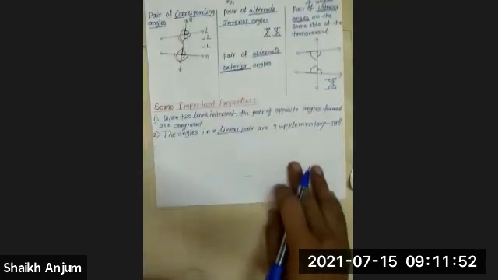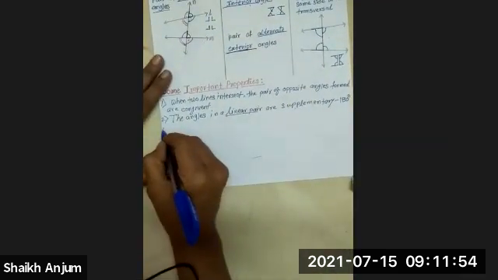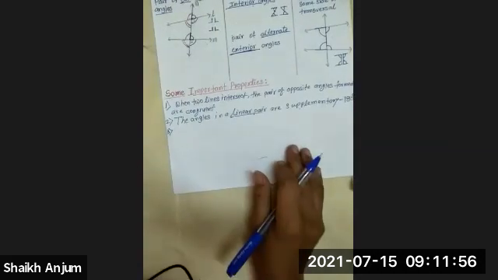Now the next property is regarding corresponding angles.